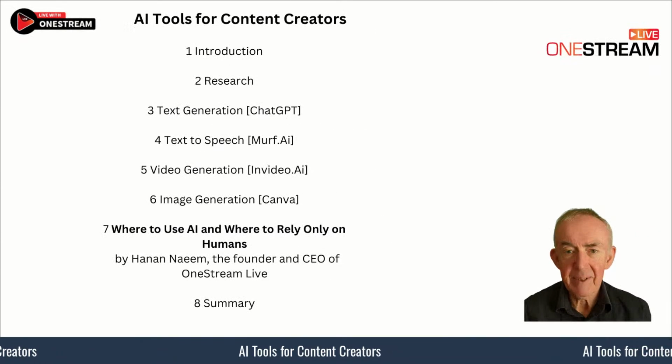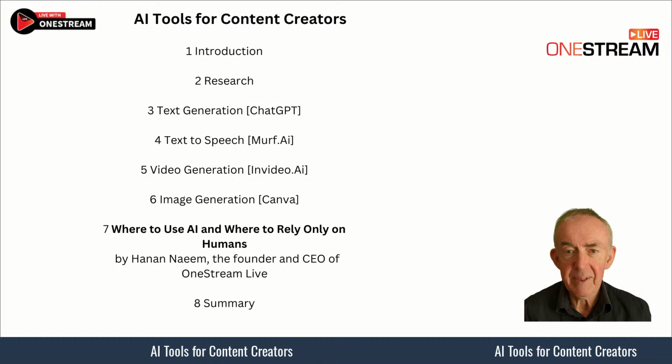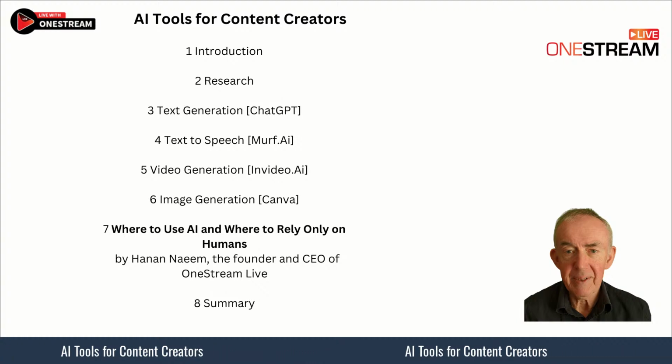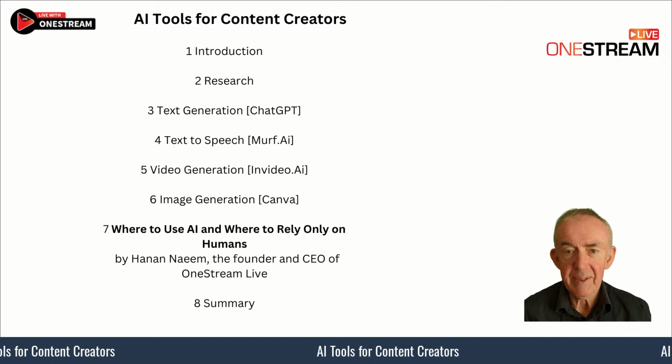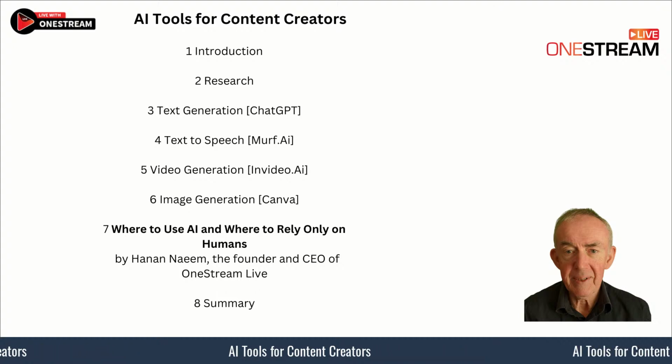It's on Medium, and just so you can identify it, the article that I'm talking about is called Where to Use AI and Where to Rely on Humans.